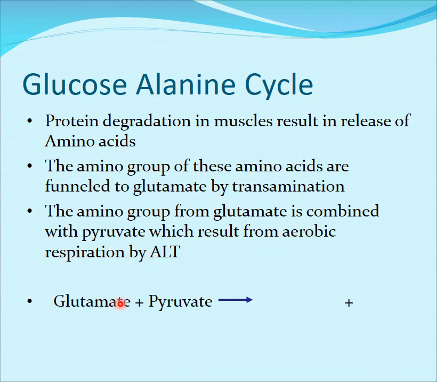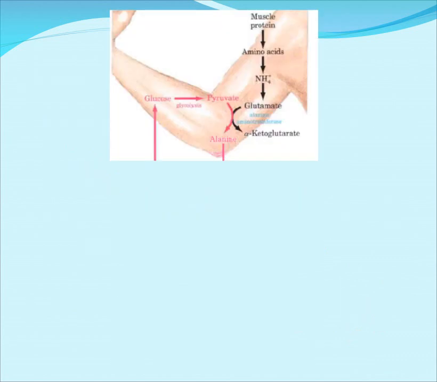So the end result of this first part of the cycle is that protein degradation results in an increased concentration of alanine inside the muscle. Muscle protein degradation forms ammonia.